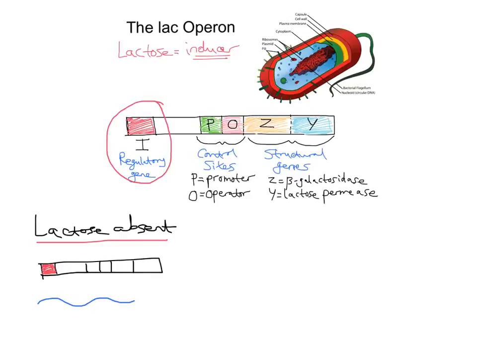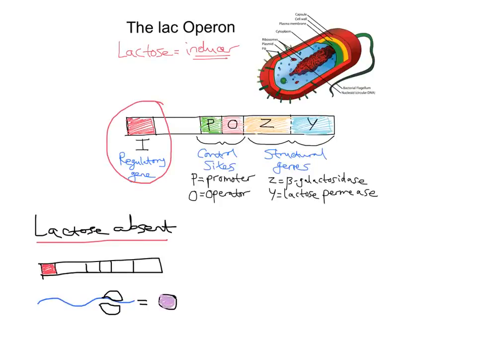That's going to be read or translated at a ribosome, we're going to end up ultimately producing, if I just draw this as a little purple blob here, repressor protein.